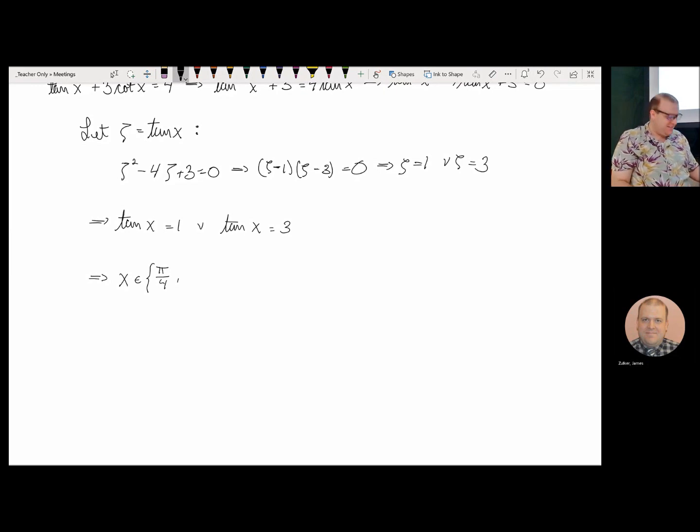We already solved this. So where's tangent 1? Oh, right. Pi over 4. It's not the only place. Oh, or 5 pi over 4.